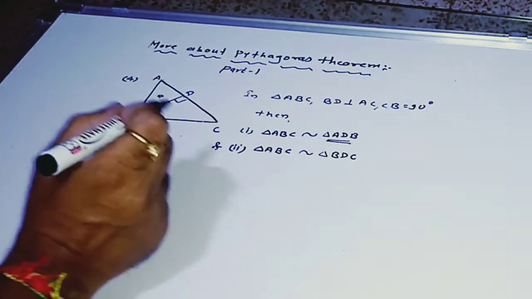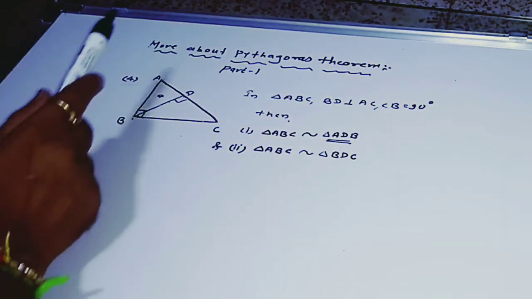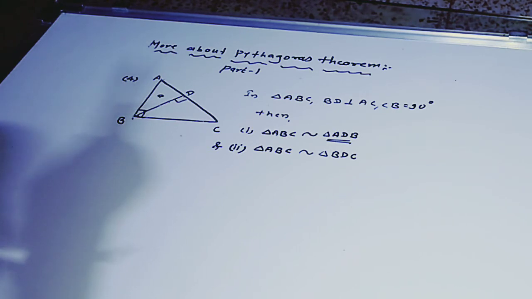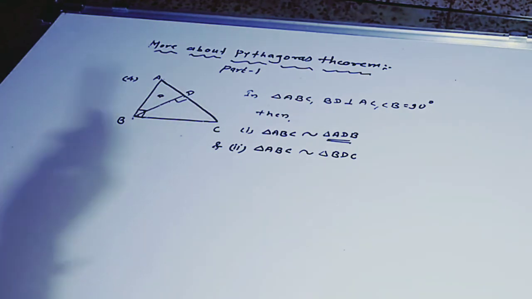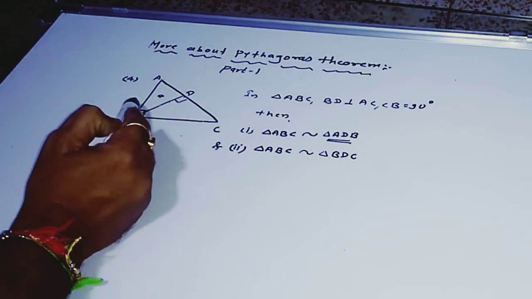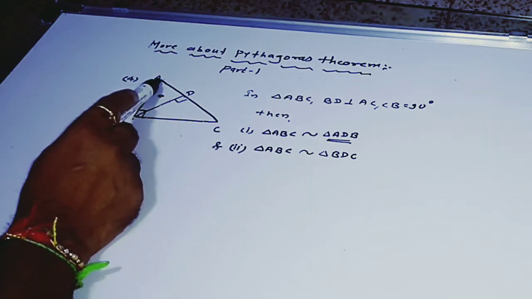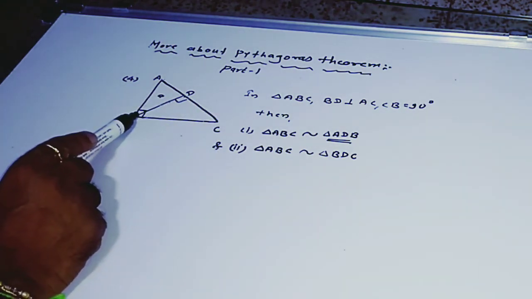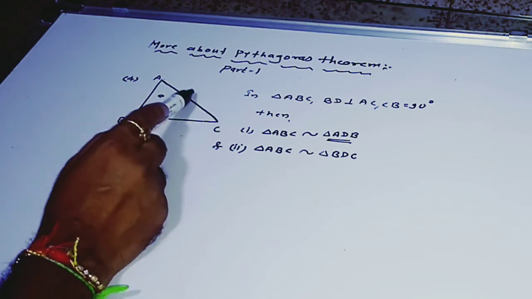Now how to prove this? Suppose we have to prove it. First the statement: in a right angle triangle, if the altitude is drawn to the hypotenuse, then the triangles so formed on the opposite sides of the altitude are similar to the original triangle. In the figure, triangle ABC is a right angle triangle at B. BD is an altitude.